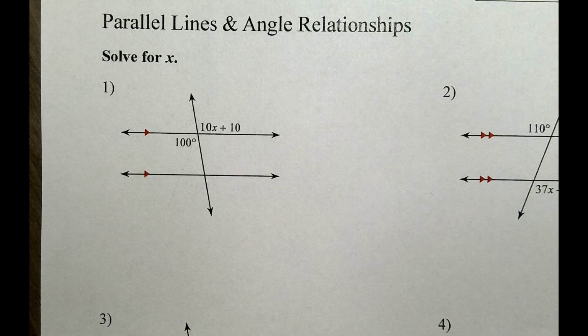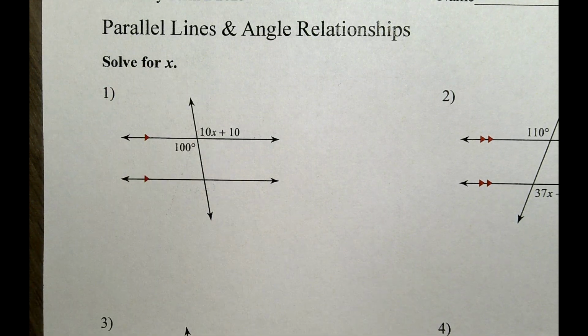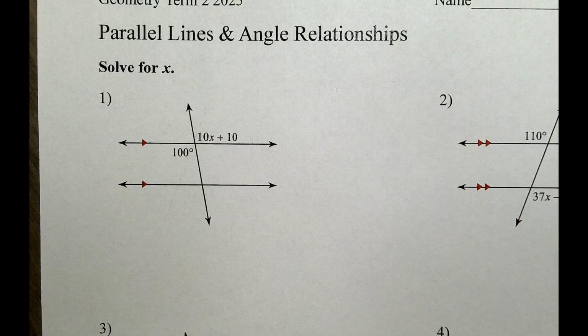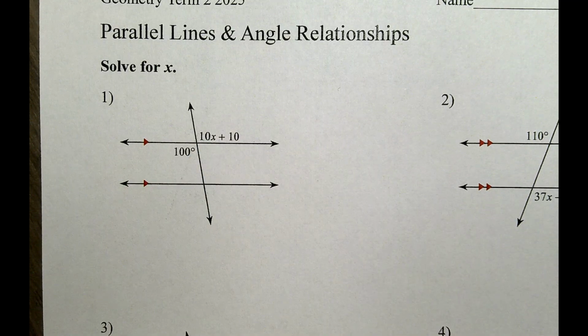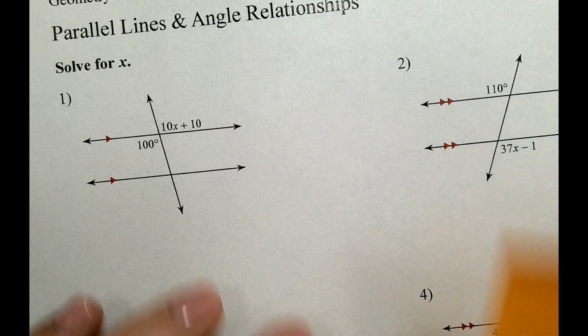The very first thing I will always recommend is before you even try to set up an equation to solve for x like it's asking us, we want to ask ourselves one of two things. There's two options. Are these angles equal to each other, or do these angles add up to 180? I'm going to write those options because those are always our two options when we have parallel lines with a third line going through them. Two options.